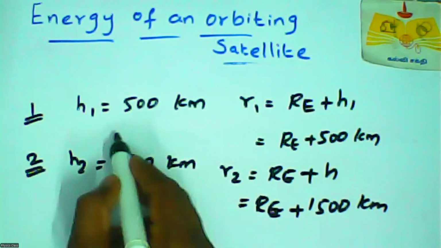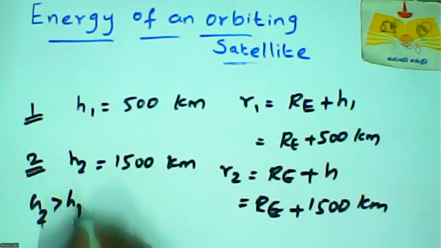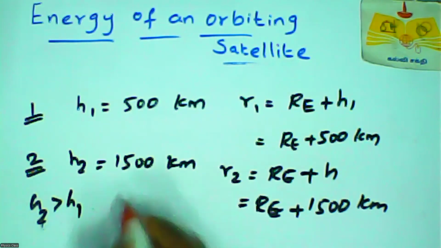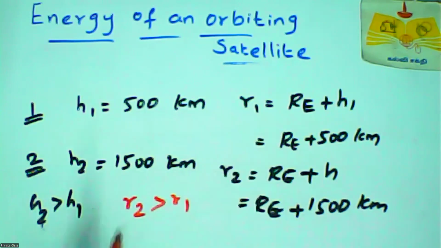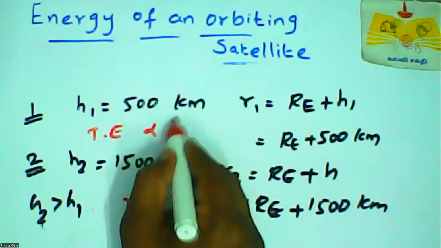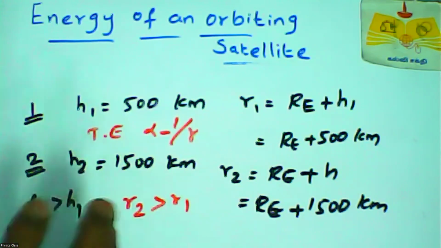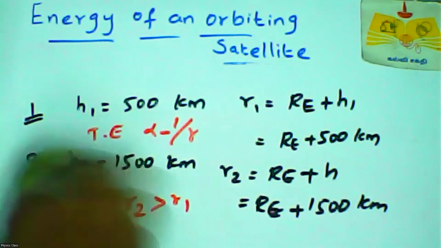Here you can see that H2 is greater than H1. Then it follows that R2 is greater than R1. So for two satellites of the same mass, the total energy depends upon minus 1 by R, because the two satellites have the same mass and the total energy depends only on the orbital radius. Here you can see that satellite 2 has the larger orbital radius, R2 greater than R1. So the smaller radius R1 leads to a more negative total energy. So I will write the hint.